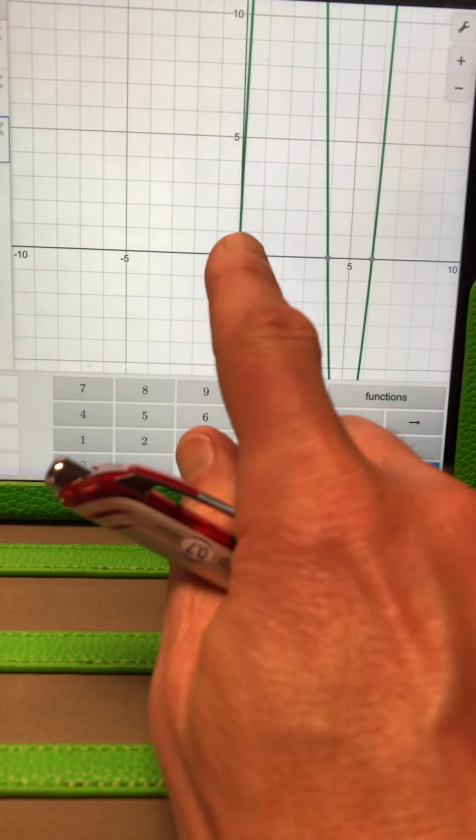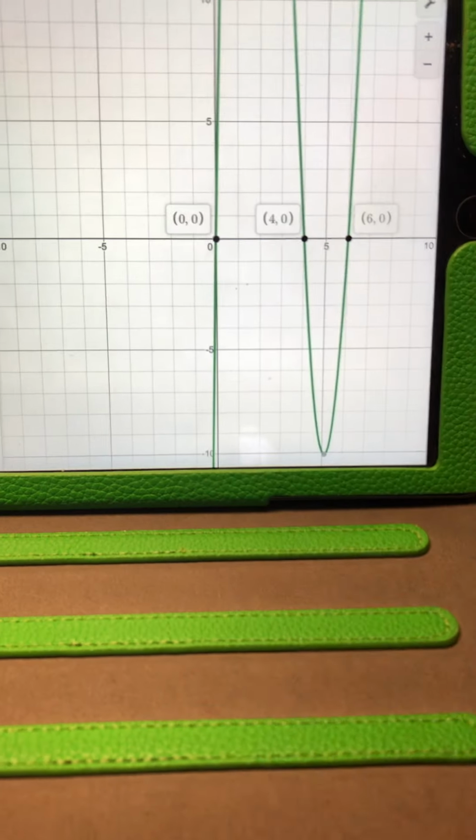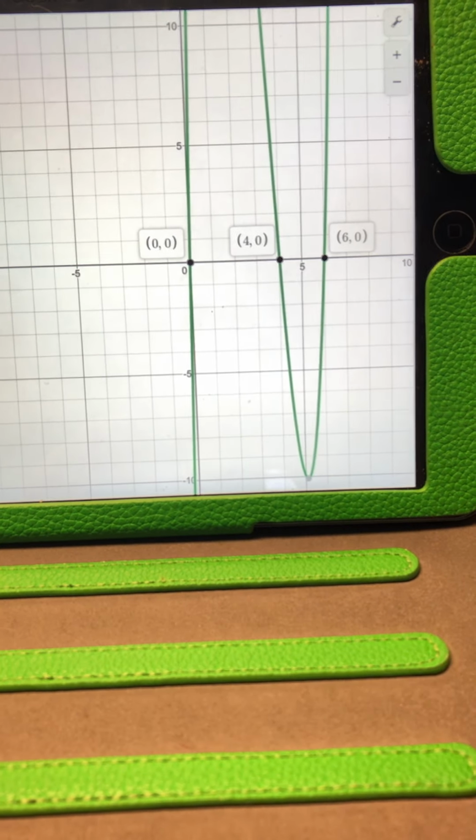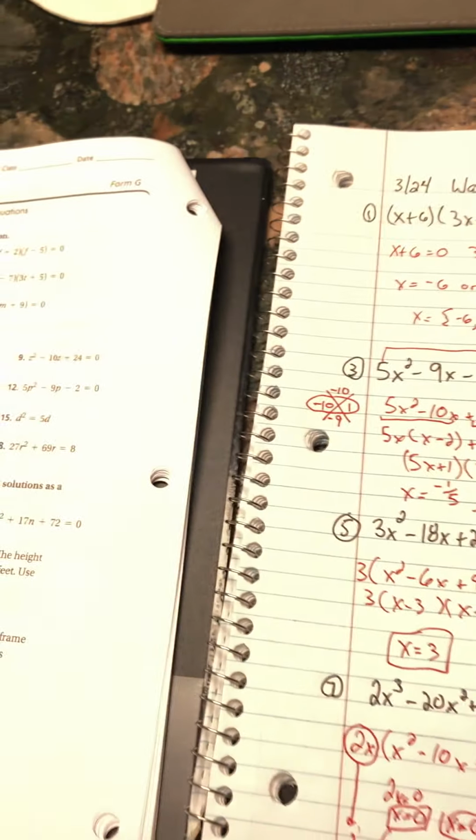And now you'll notice if you look at the graph, there's one root of 0, there's one root of 4, and there's one root of 6. There are our roots that we just found. Okay, so again, use Desmos if you need to.